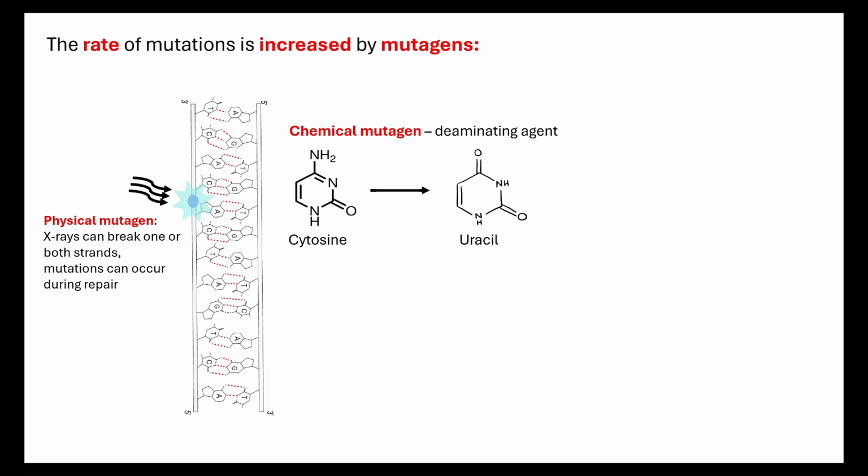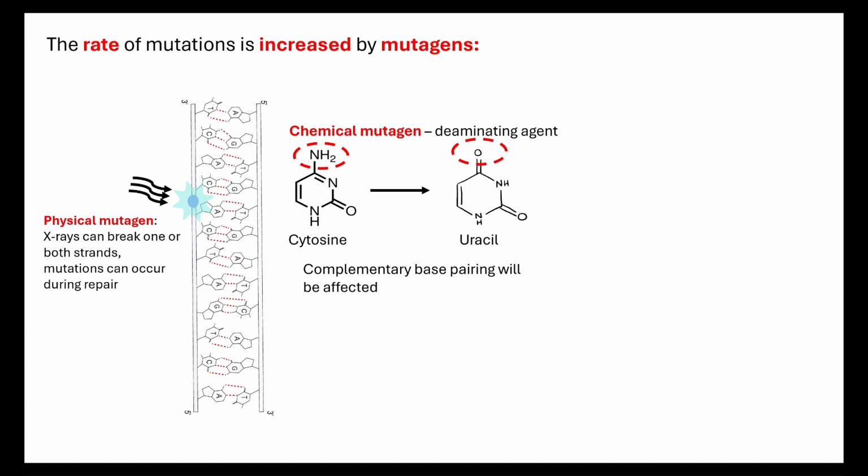Now, one of those could be what's known as a deaminating agent. Well, what does deamination mean? Deamination means the removal of the amine group. Well, if we remove the amine group from cytosine, what we result in is having a different base. We've now got uracil. So we've still got a pyrimidine base, but this time, if you think about that complementary base pairing, that is going to be affected.